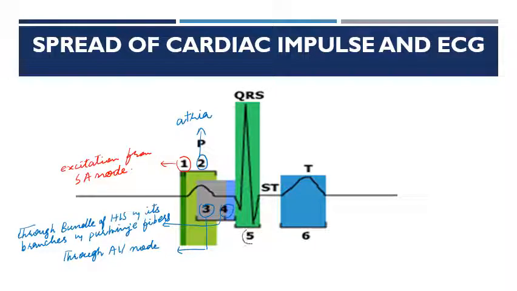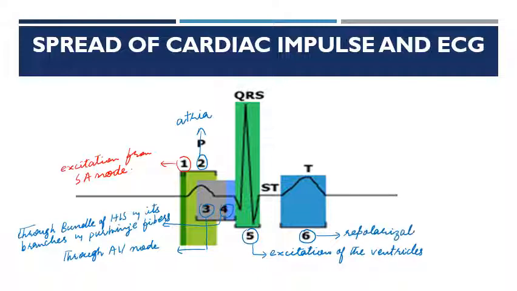The point 5 in this diagram represents excitation of the ventricles, while the point 6 represents repolarization of ventricles.